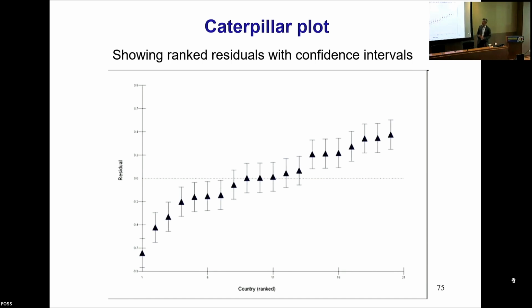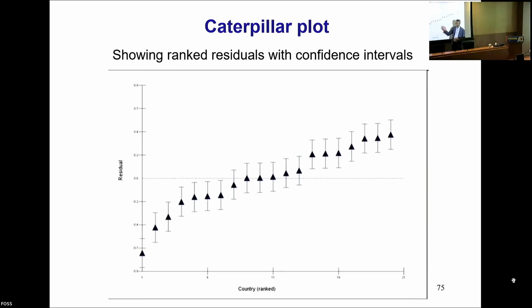So these caterpillar plots are a very useful visual tool for telling us whether or not we need a multi-level model. So if all of these residuals were distributed close to 0, then that means we don't need a multi-level model because really, no matter which level 2 unit you belong to, no matter which country you belong to, it really doesn't matter in terms of the residuals.